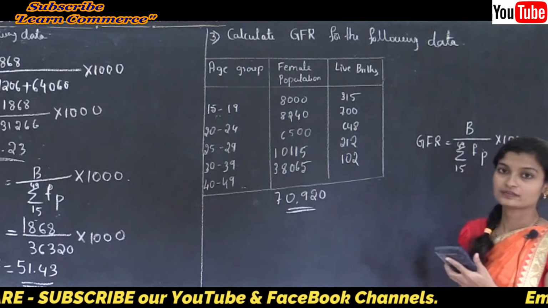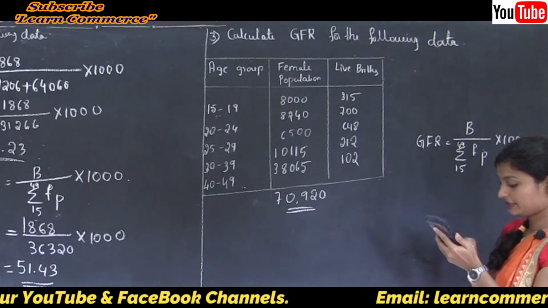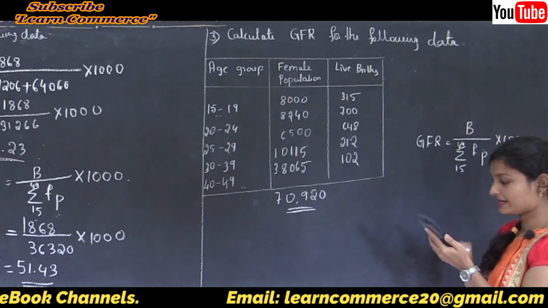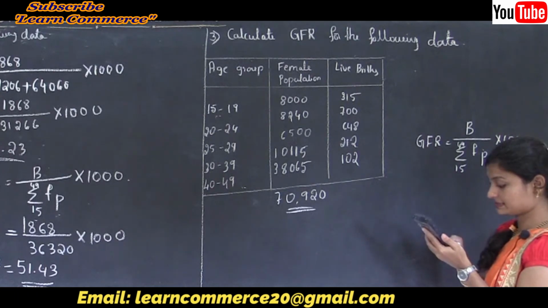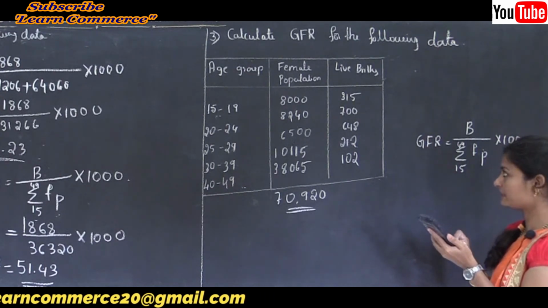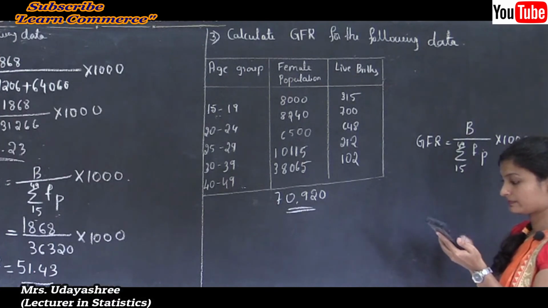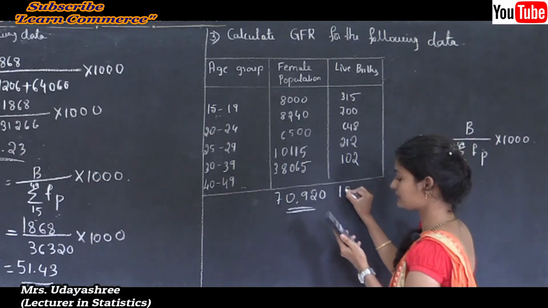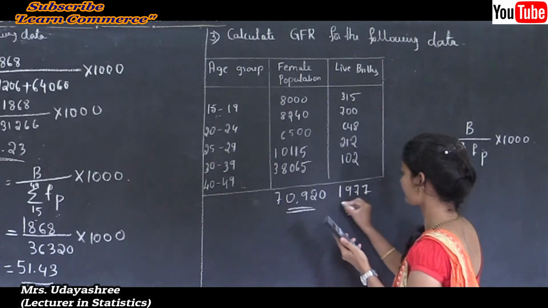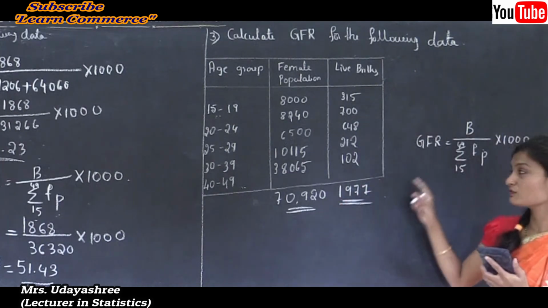Then the total of live births, that is 315 plus 700 plus 648 plus 212 plus 102, that is 1977. Now I will substitute these two values into this formula.